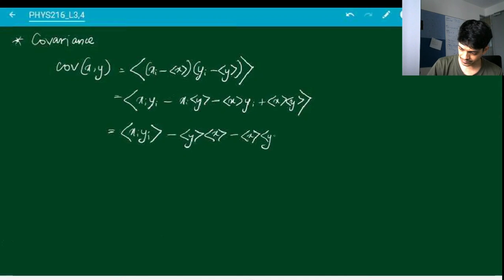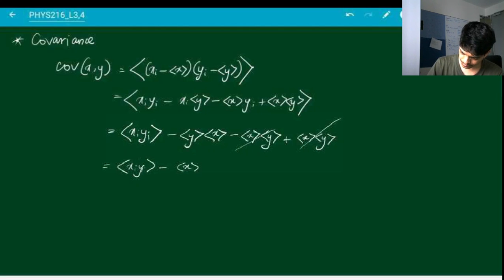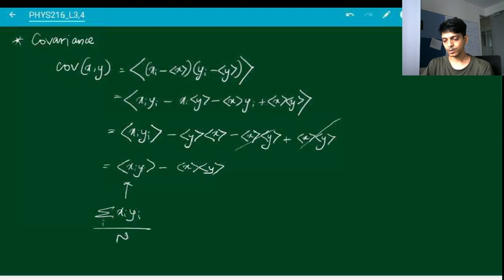What you're left with inside is the average of y. And over here, the average of x and the average of y are both constants, so their average is just that itself. So in the end, 2 of these can cancel out, and you're left with the average of xy minus the average of x times the average of y. So that's how you calculate the covariance.